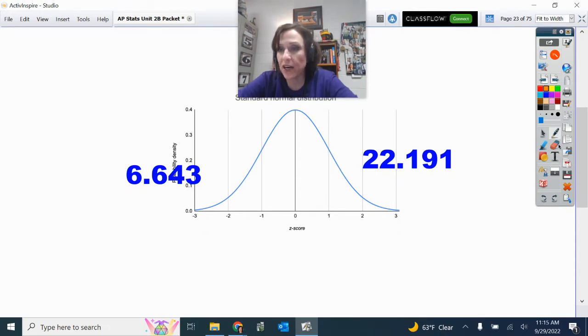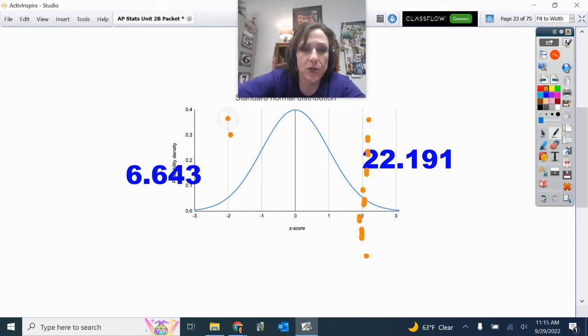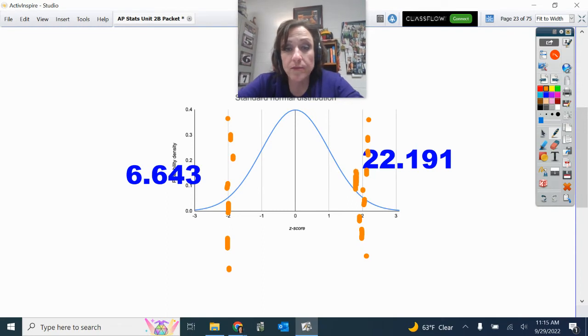We've got our fence here at 21, and 2 standard deviations below was at 6.643. So once again, 21 is within the fence. Therefore, I do not have an upper outlier because it did not pass the upper fence.